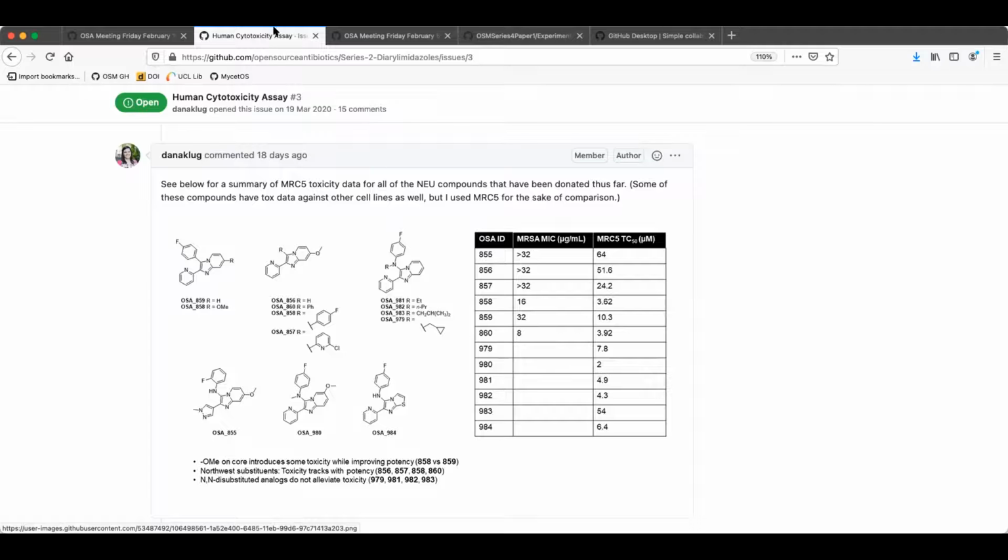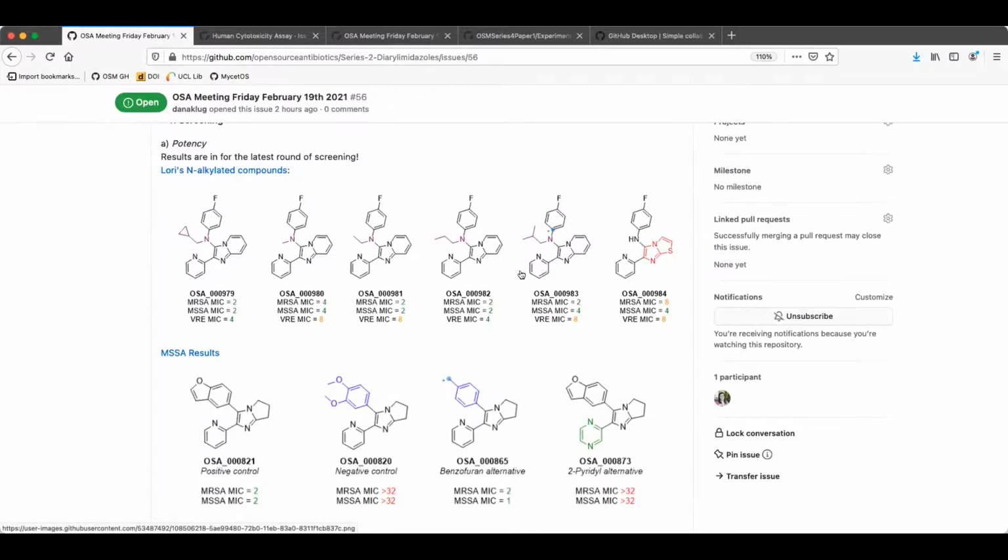Yeah, and we have PMM data on 983 as well, on all of these. And there's also a big jump in terms of PMM data on 983. It's 23 micromolar versus single-digit micromolar for the rest.